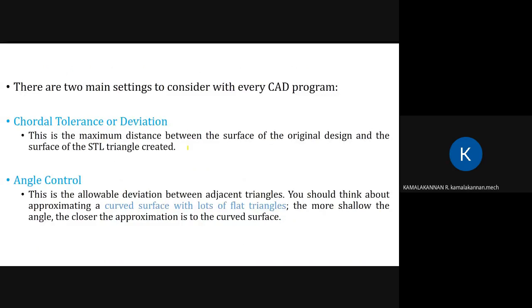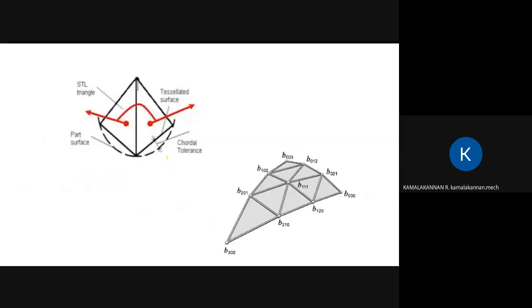When you have to save your file, you should be alert on two things: chordal deviation and angle control. Chordal deviation is the distance between the stereolithographic triangle and the part surface. It should be as minimum as possible to have an accurate product.